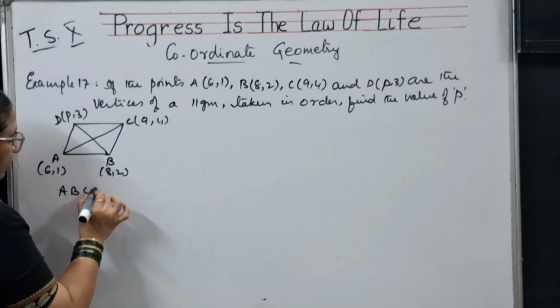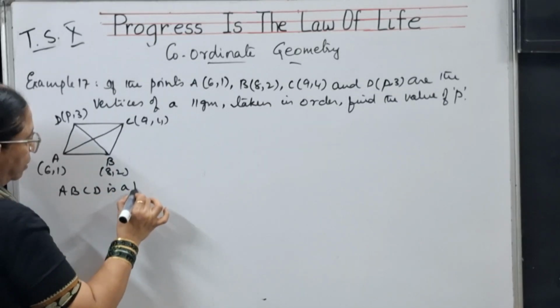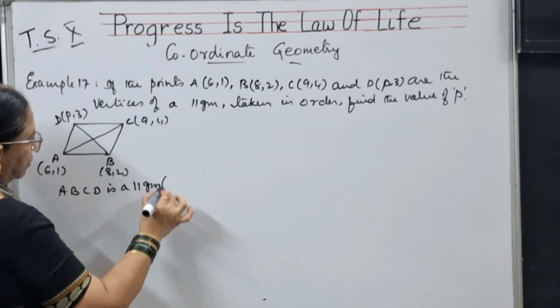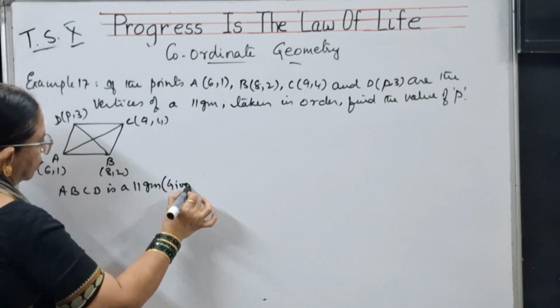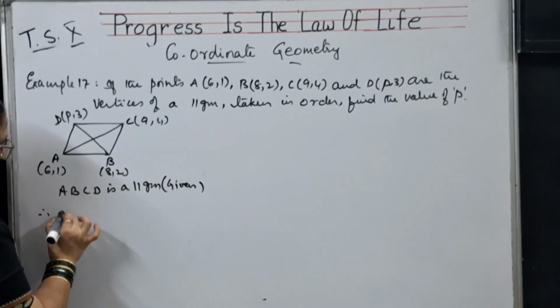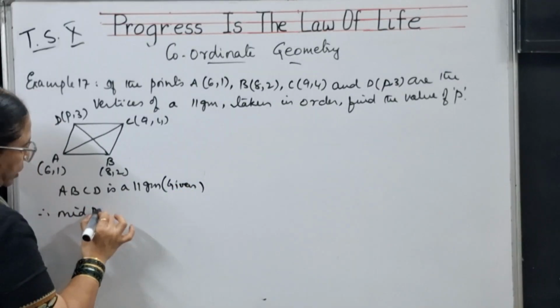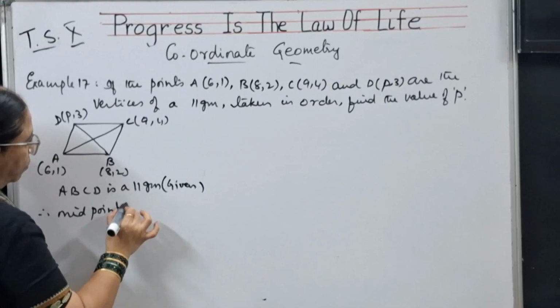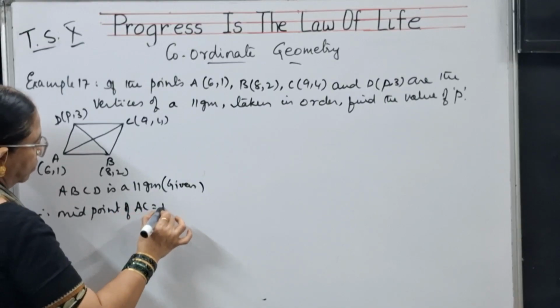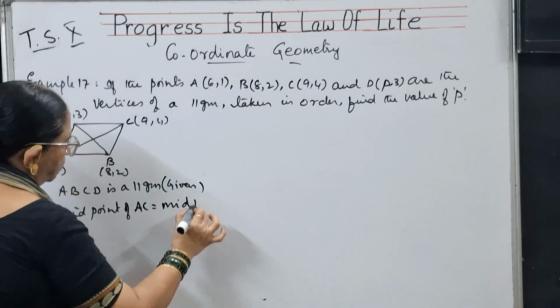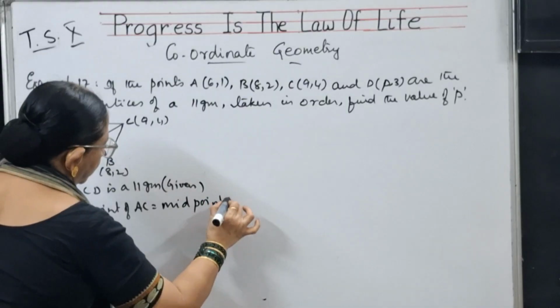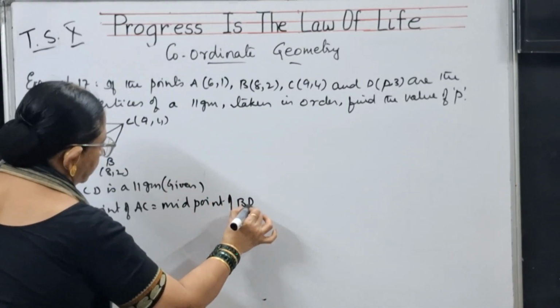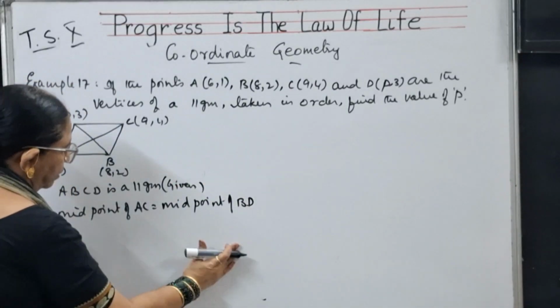ABCD is a parallelogram. This is given to us. Therefore, the midpoint of AC is equal to the midpoint of BD.